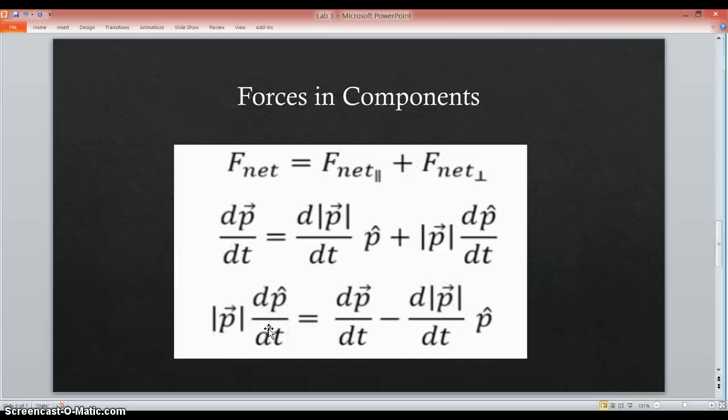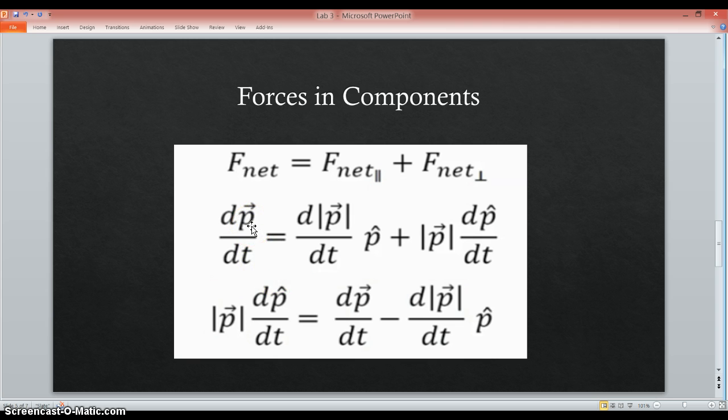In order to calculate Fnet, we had to divide it into two components, the parallel and the perpendicular. Fnet parallel plus Fnet perpendicular gives you Fnet. To do this, we had to use the momentum to calculate each of Fnet perpendicular and Fnet parallel.